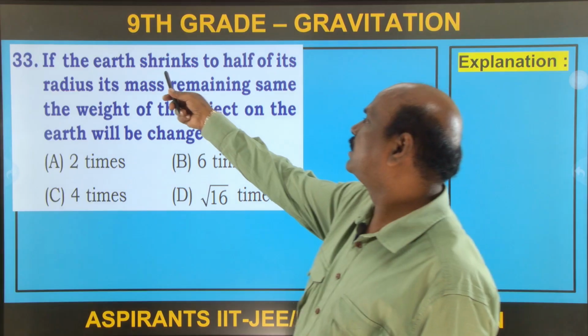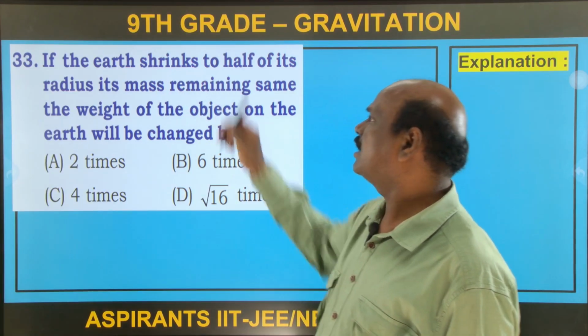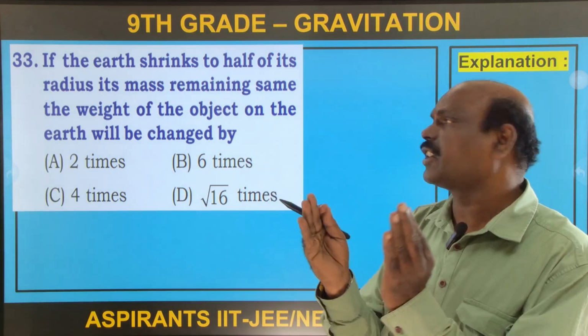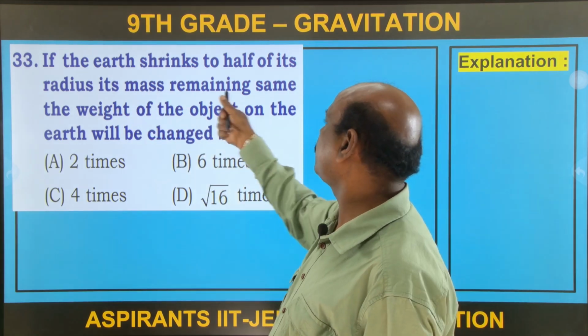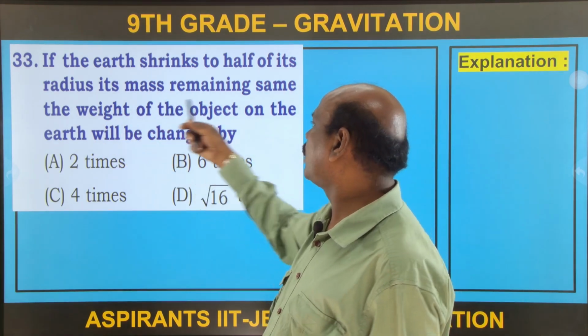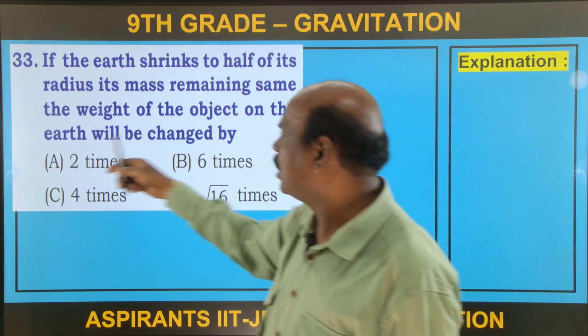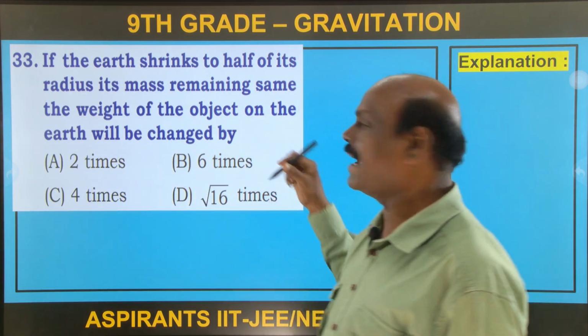If the earth shrinks, means it reduces to half of its radius, its mass remains the same, the weight of the object on the earth will be changed by what?